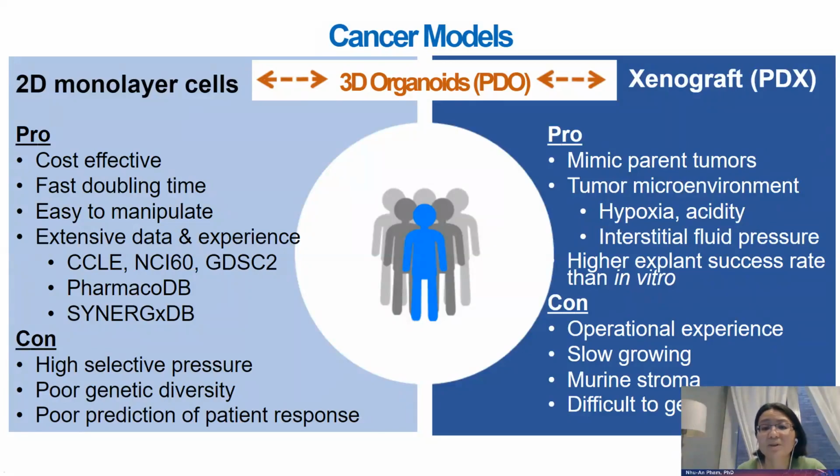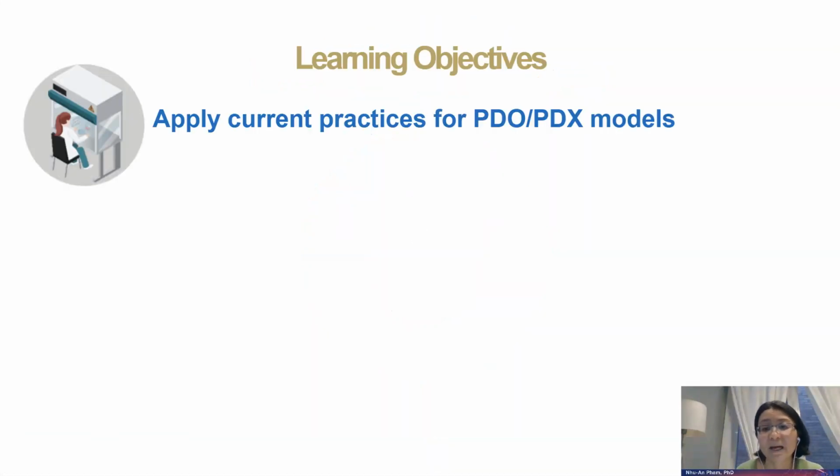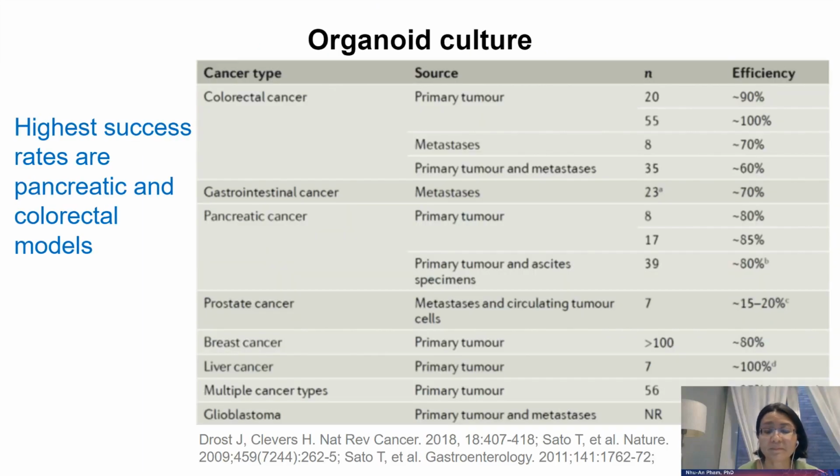The other models are the 3D organoid models that are appearing in the last few years. And I'd like to describe first the patient-derived organoid models. So we know that the organoid culture method refers to cells growing in a 3D in vitro environment that can form self-organizing structures of differentiated cells.